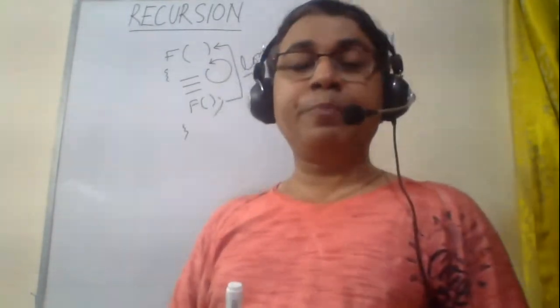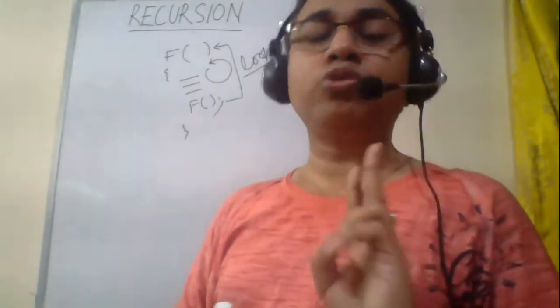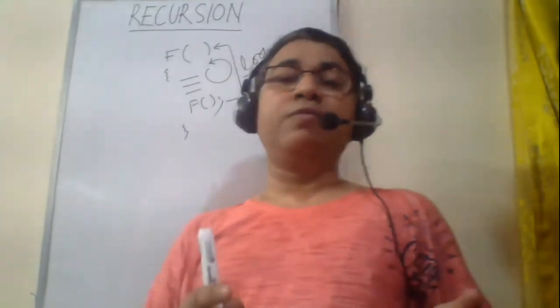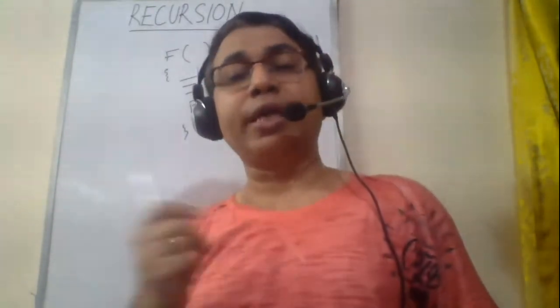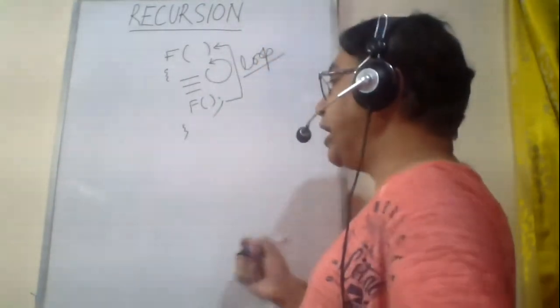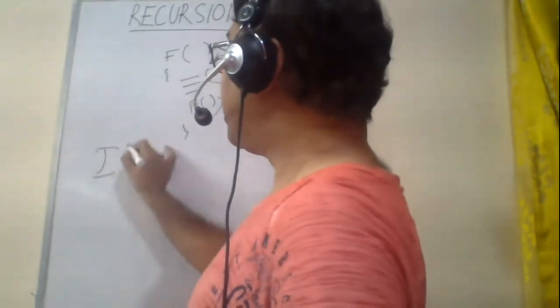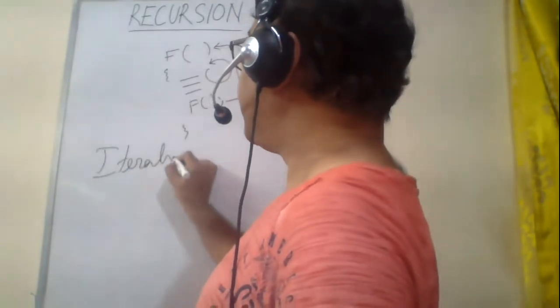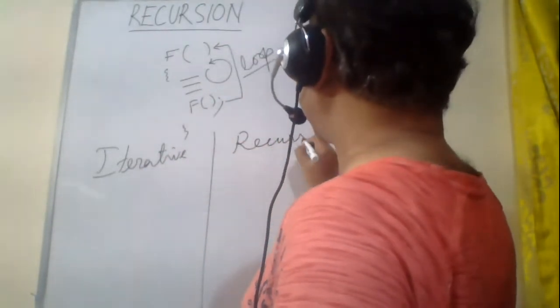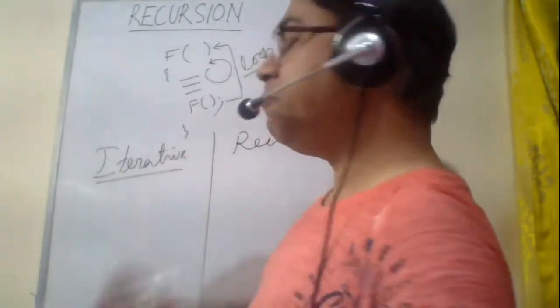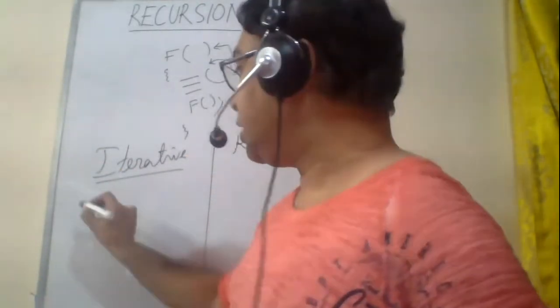Now we have to keep in mind two things or two factors when we are converting a function from iterative way to a recursive way. Let us see what is that. What is there in iterative part? When I have iterative part and its corresponding recursive part, in iterative part we have four components.